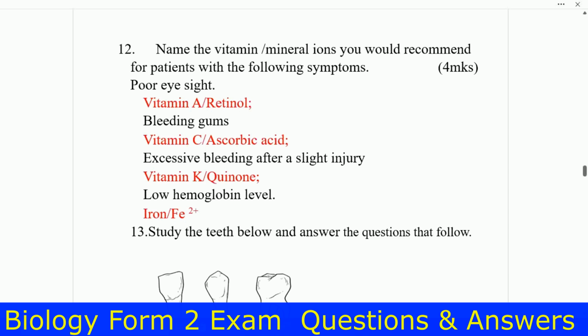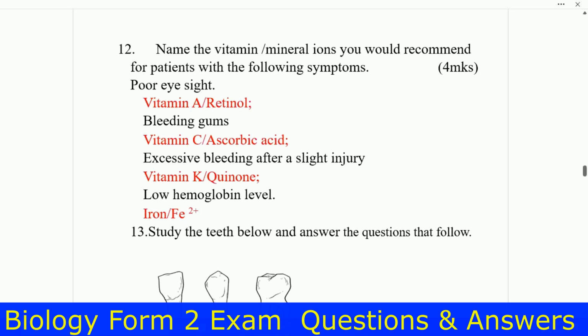Number 12, name the vitamin or mineral ions you would recommend for a patient with the following symptoms. Poor eyesight, what do you advise them to take?